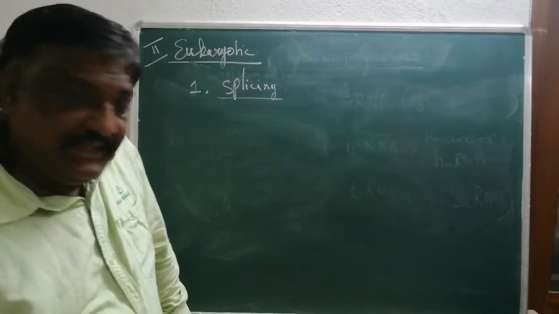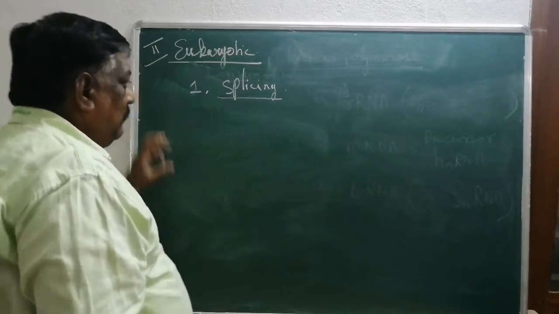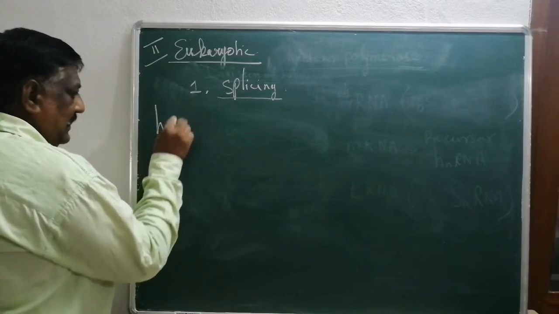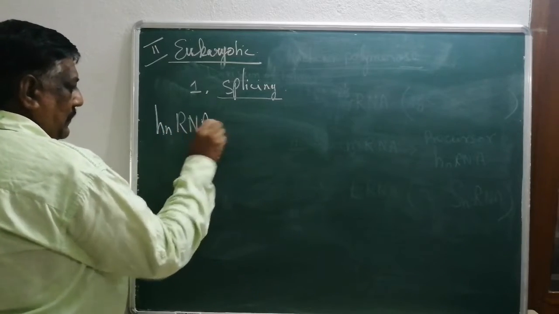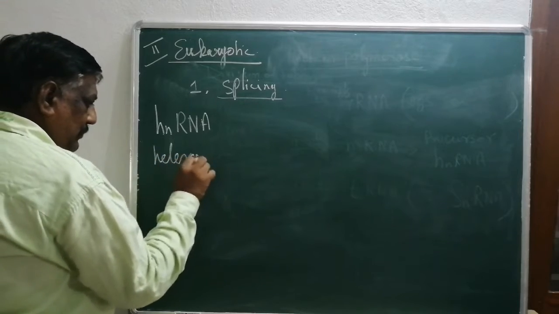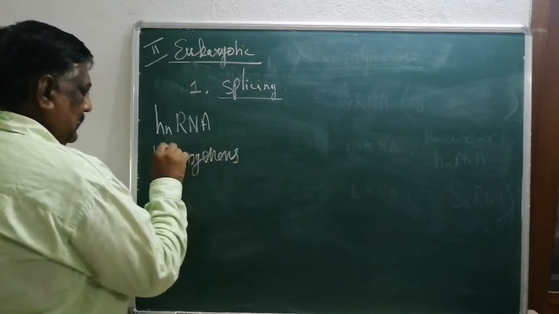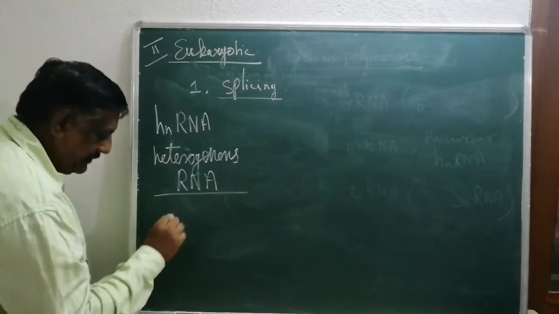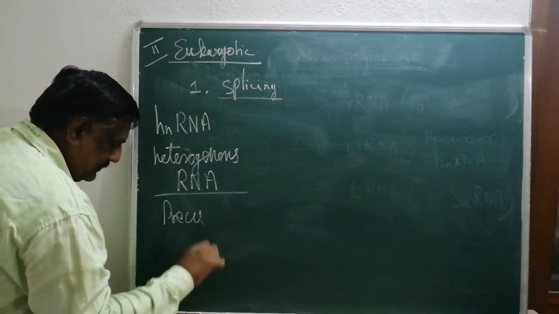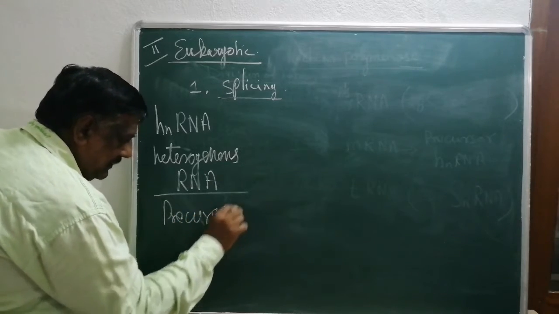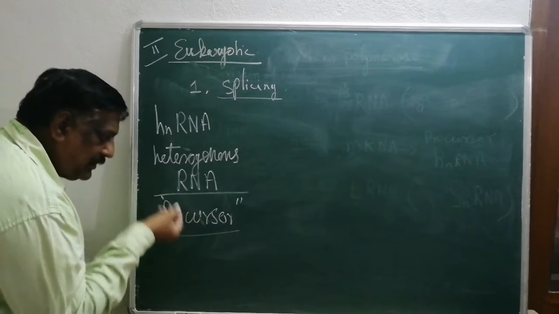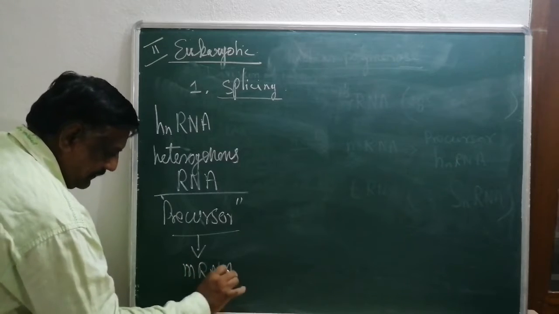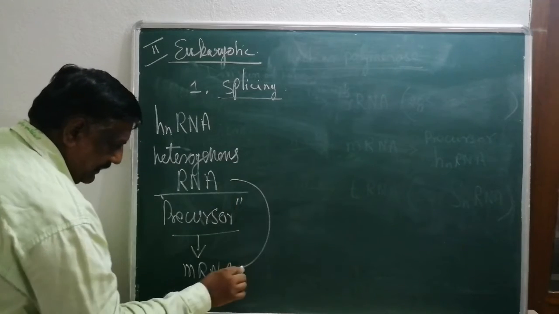How this trimming takes place, and what is actually formed in the nucleus is, I said already, HnRNA, that is heterogeneous RNA. Heterogeneous RNA is nothing but a precursor. Precursor is which is going to be mRNA.